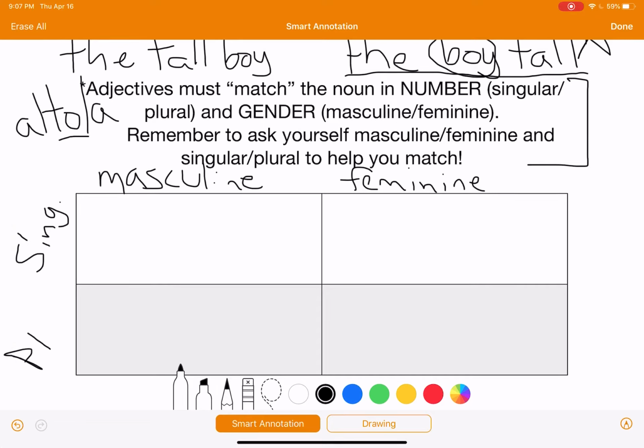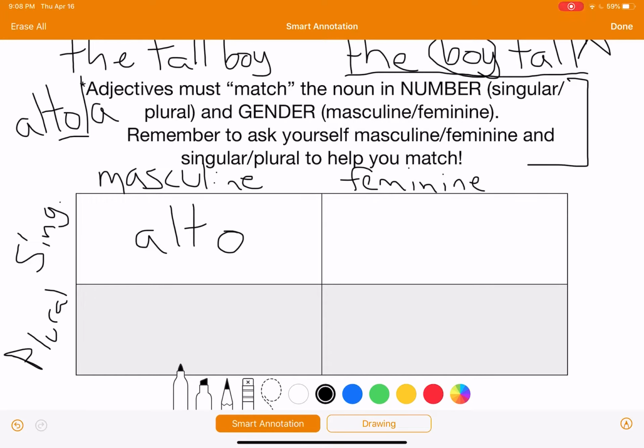Oops. Okay, so when you have a noun that is masculine and singular, your adjective is going to end with the letter O. For example, we could say auto.